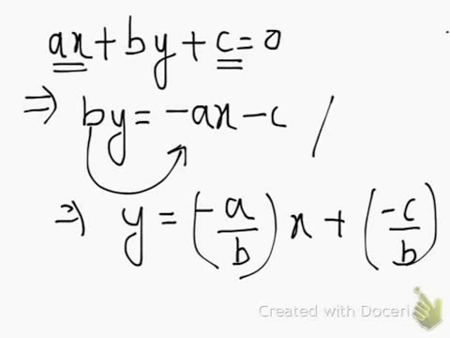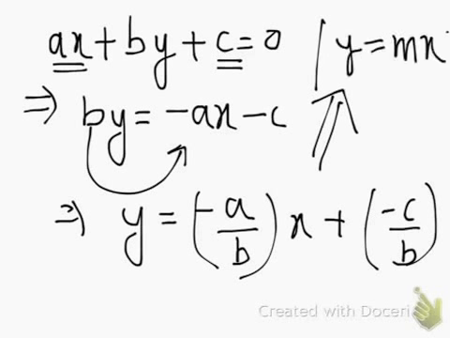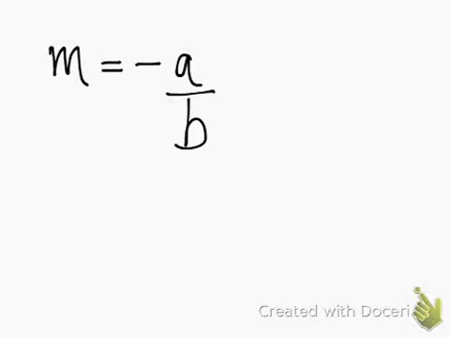Now let us compare this with the form y is equal to mx plus c. You can see that this form and this form are quite interrelated, and the formula that we get is, apologies, the slope is equal to minus a by b and the intercept is minus c by b.